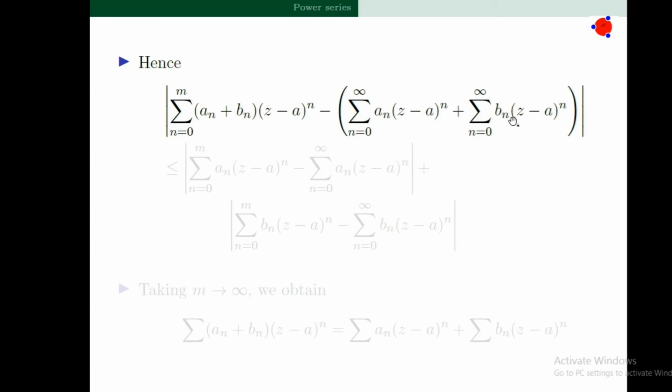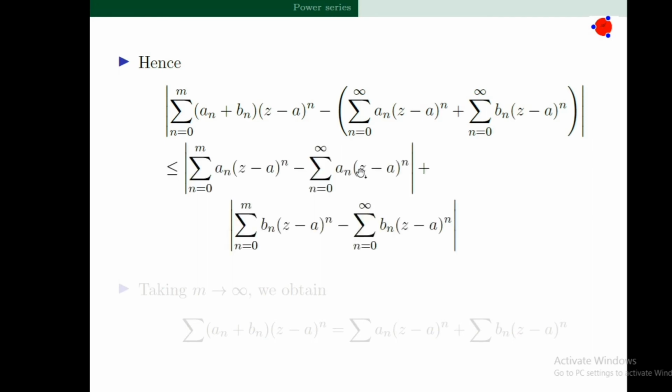By triangle inequality, this can be written as summation n equal to 0 to m an into (z minus a) the whole raised to n minus summation n equal to 0 to infinity an into (z minus a) the whole raised to n, plus summation n equal to 0 to infinity bn into (z minus a) the whole raised to n minus summation n equal to 0 to infinity bn into (z minus a) the whole raised to n.